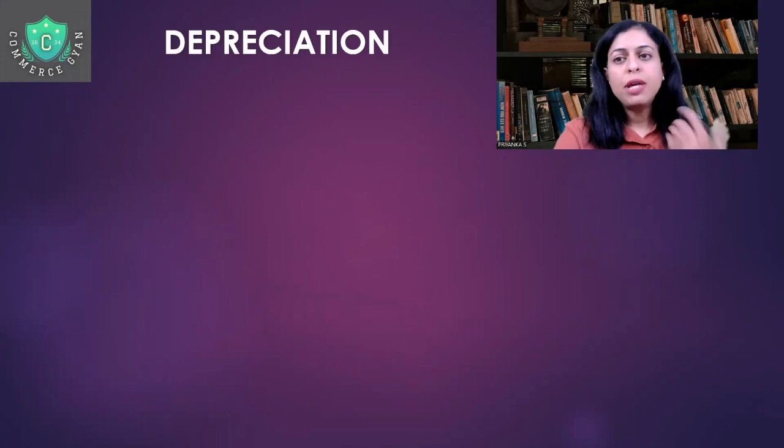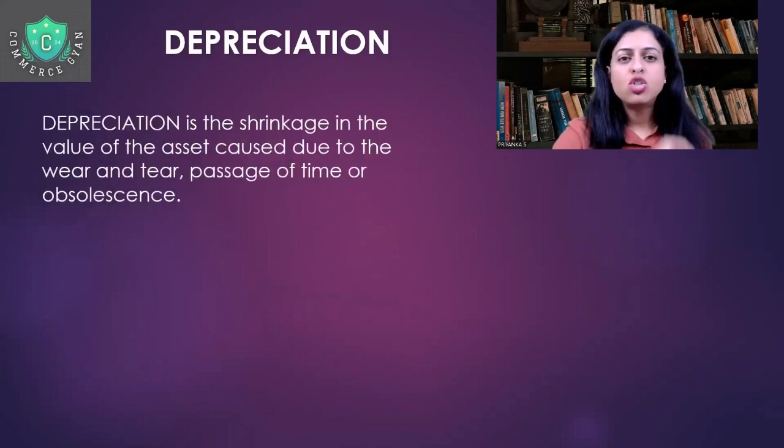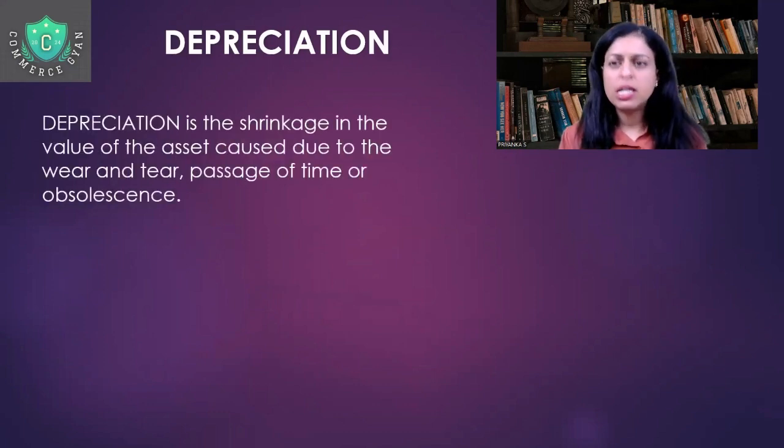So coming to the definition of depreciation, that is a traditional way of how people speak about depreciation. That is, depreciation is the shrinkage in the value of the asset, or the reduction in the value of the asset caused due to wear and tear, passage of time, or its obsolescence, right?